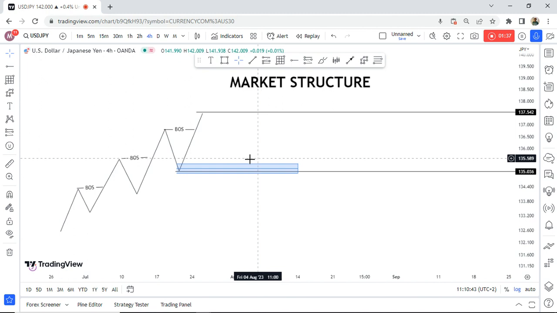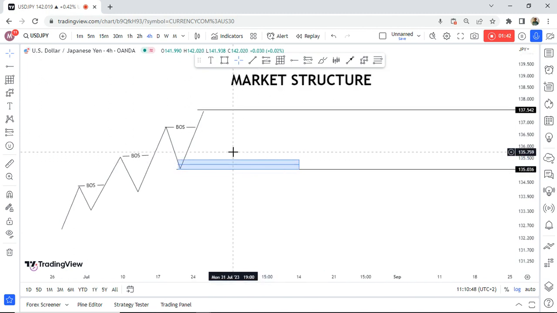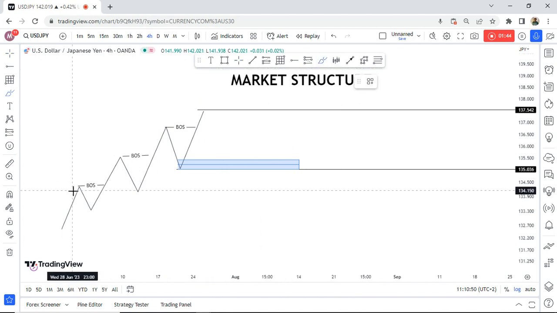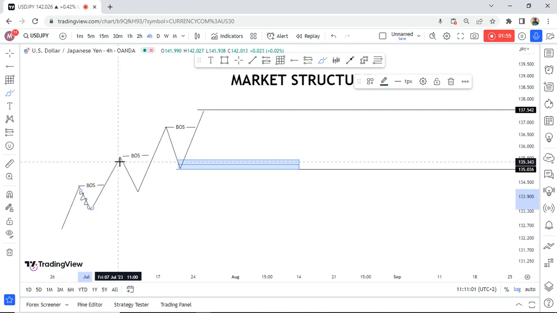So let's say we do have those order blocks there. What we normally do, guys, in every pullback on a smaller time frame, there's a series of lower lows and lower highs right there, a series of lower lows and lower highs.